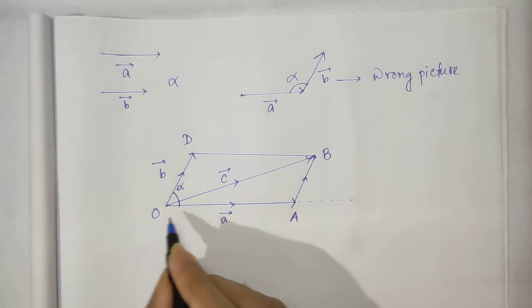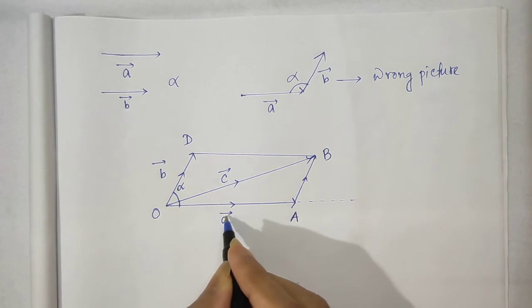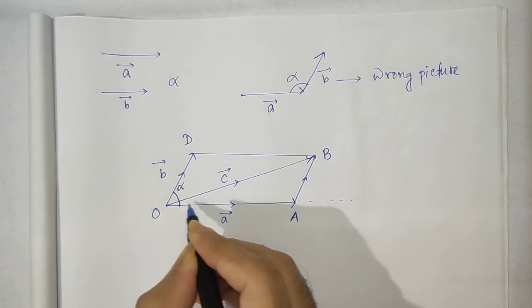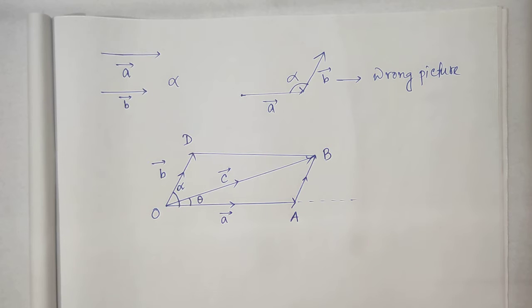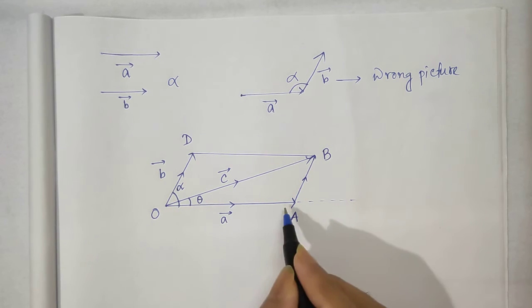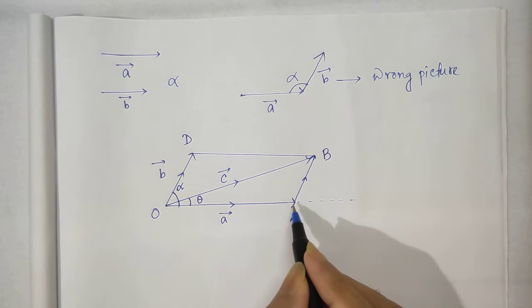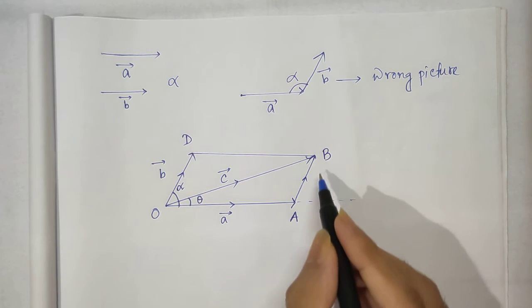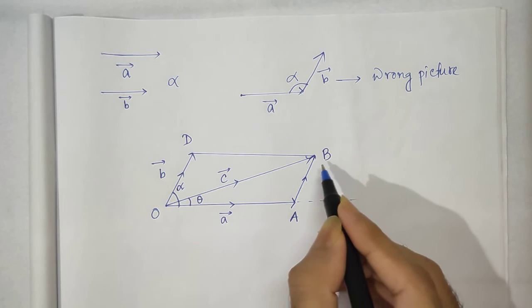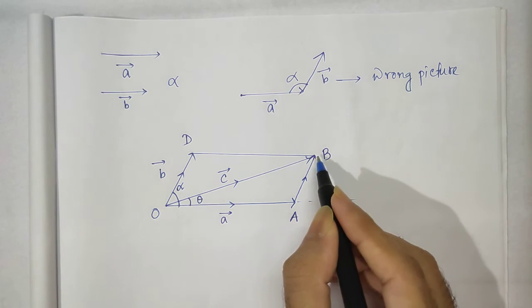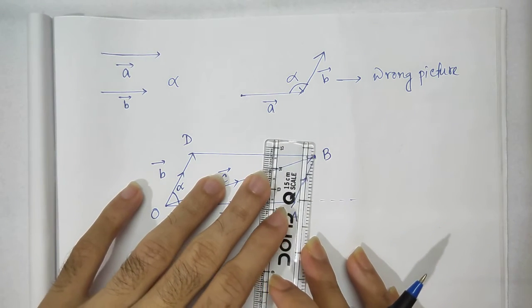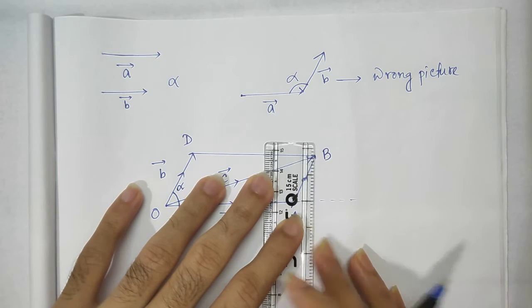Let the angle between this vector A and C be theta, right? Okay. Now we are extending the line OA to some extent, and we will draw a perpendicular on this line from the point B. Let's draw it.